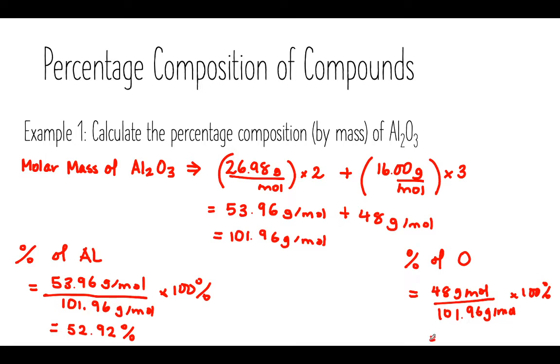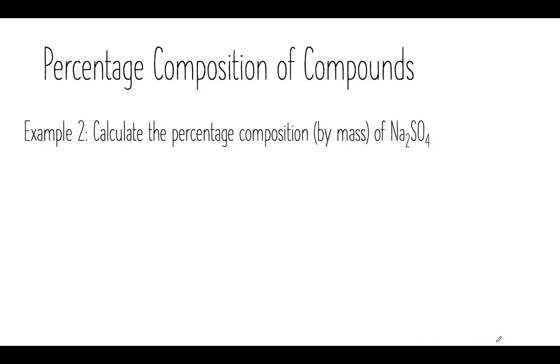So 48 divided by 101.96 times 100 will give me 47.07%. And there we go. So I've now found the percentage composition of aluminum and oxygen for this particular compound, aluminum oxide. All right, here's the next example.